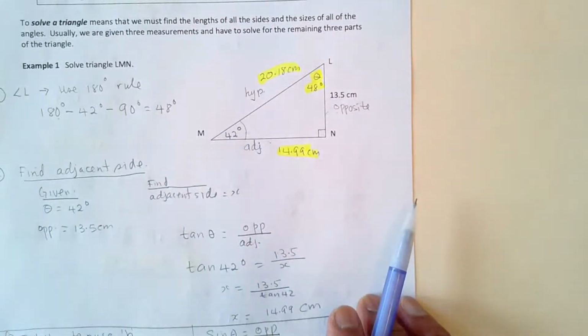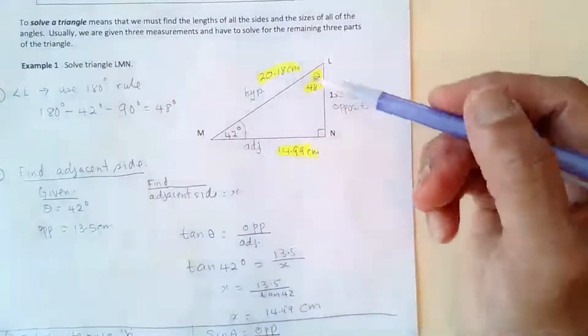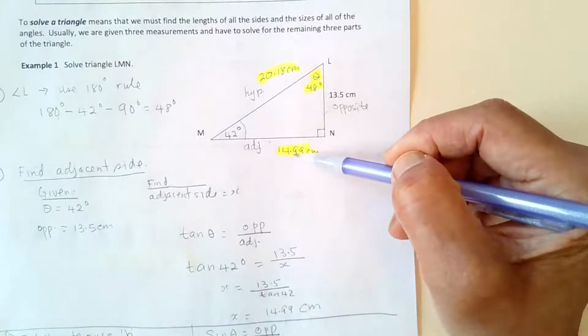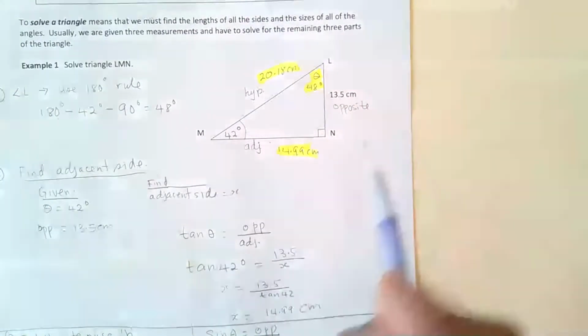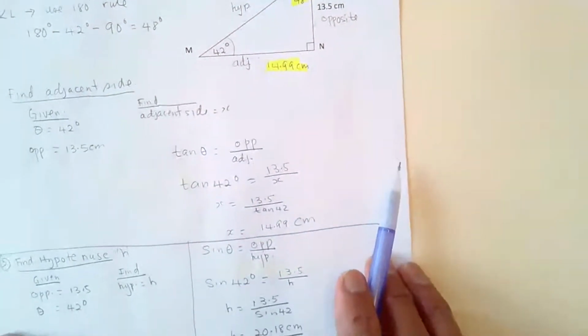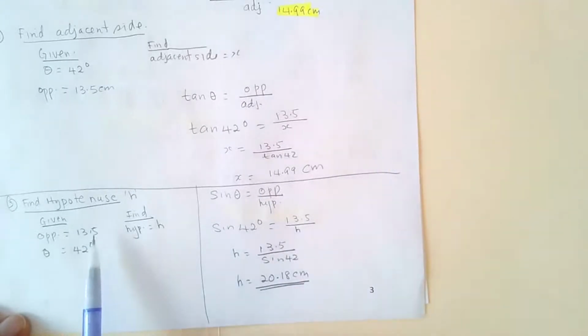Then we have to find one of the sides, and we discovered the adjacent side using the tangent ratio. And finally, we find the hypotenuse using the sine ratio.